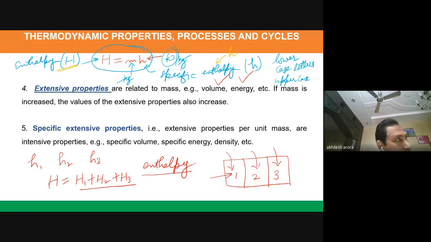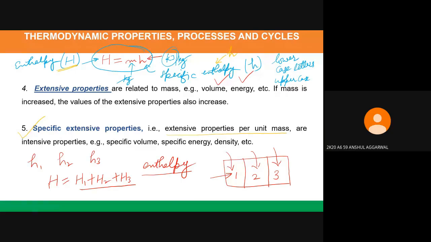Total properties are dependent upon mass, so basically they are extensive in nature, and specific properties are independent of the mass. That means they are intensive properties. So specific intensive properties, when I say, are nothing but extensive properties per unit mass. We have divided those by mass.